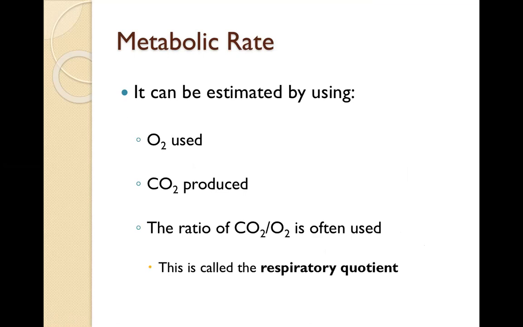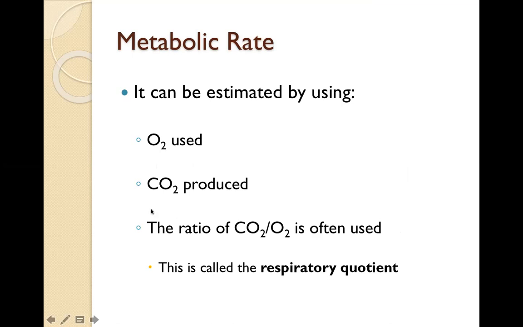We can also estimate the metabolic rate by calculating how much oxygen is used in a person. We can estimate it by looking at the amount of carbon dioxide that's produced in a person. So the more carbon dioxide that you're producing, the more biomolecules you're breaking down and the more metabolism you're going through. The more oxygen you're using, the more biomolecules you are breaking down and using.